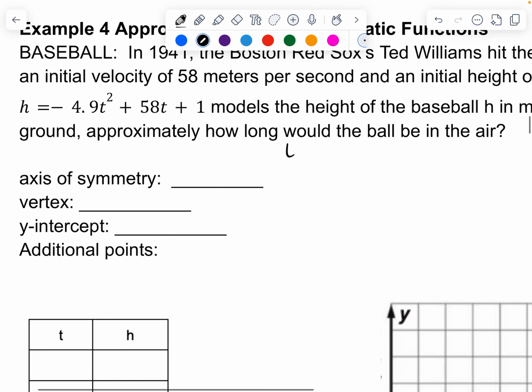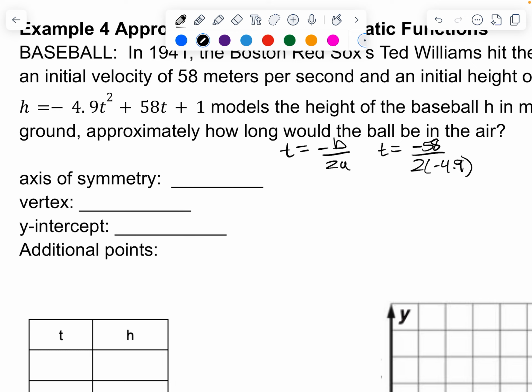So t equals -b/2a. So if I replace the b, that's -58 over 2 times -4.9. So I actually need a calculator for that one.